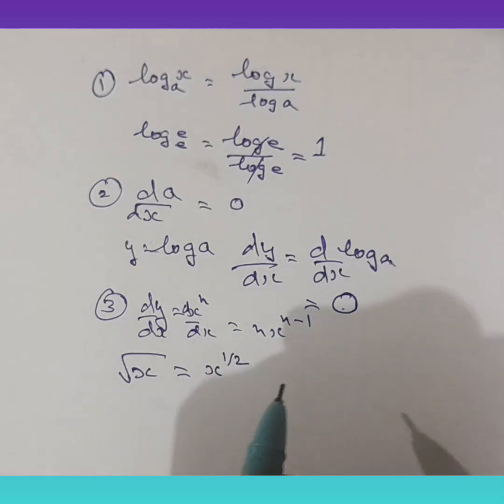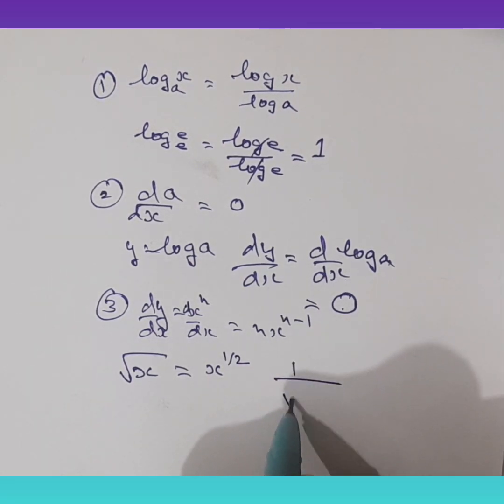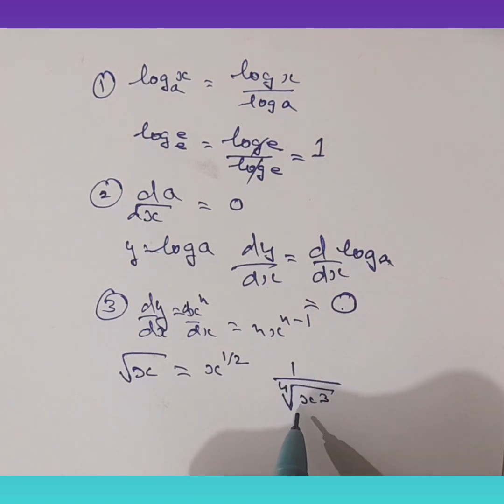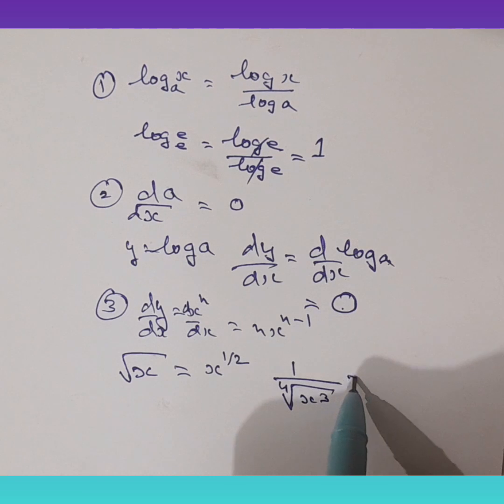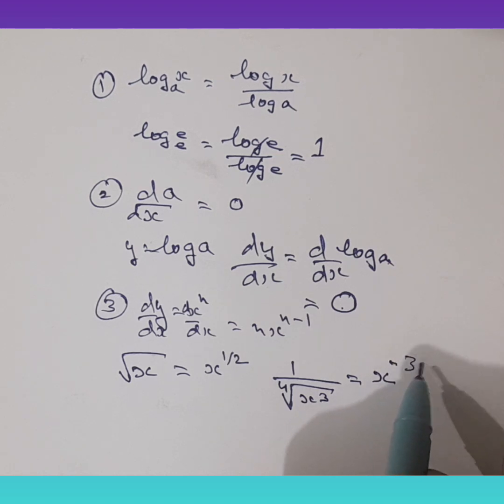Now if I complicate it and say 1 over the 4th root of x cube, that would be x raised to minus 3 by 4.